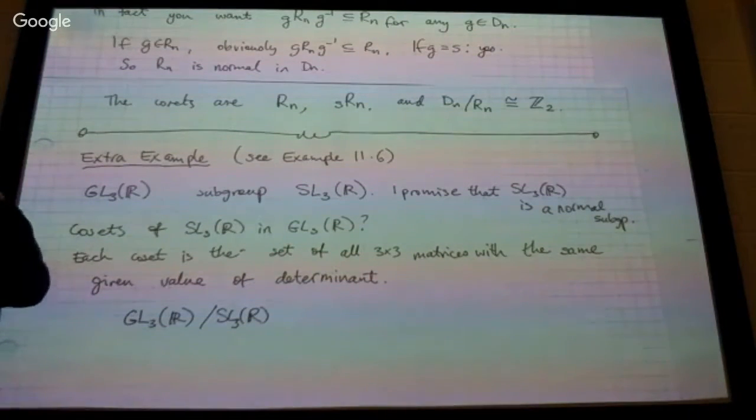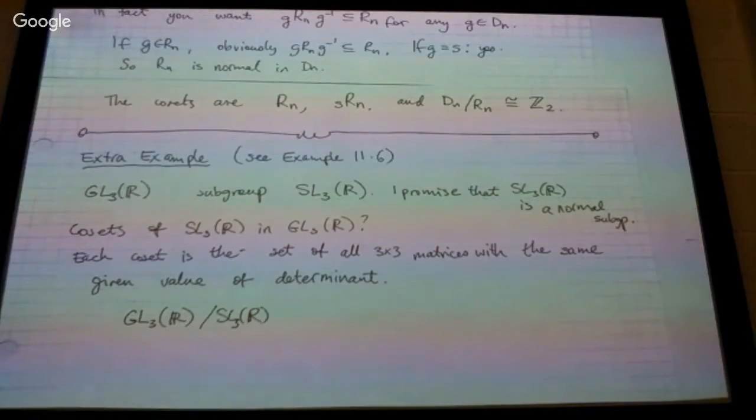Now, if you take a mapping which takes this coset of all matrices with determinant x and assigns to it x, what is that going to be?